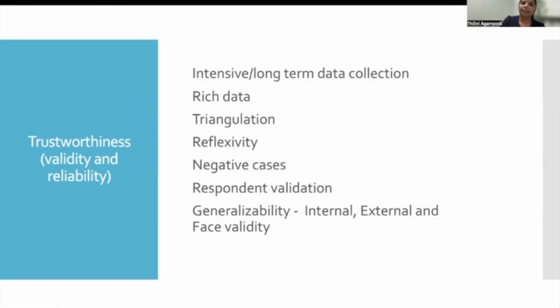Okay. So you can talk about validity and generalizability, right? Usually qualitative techniques originated in the field of psychology and social sciences. Usually social scientists or anthropologists readily say we do not generalize, right?